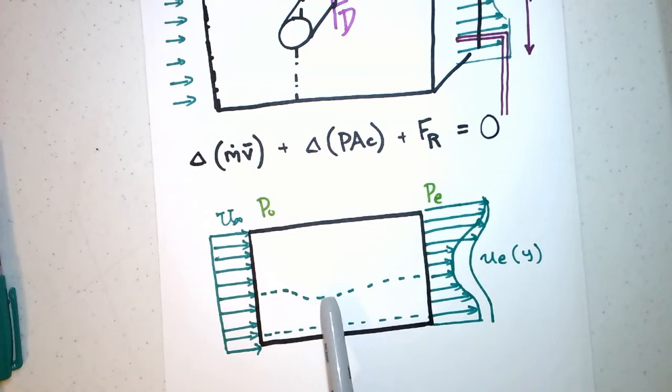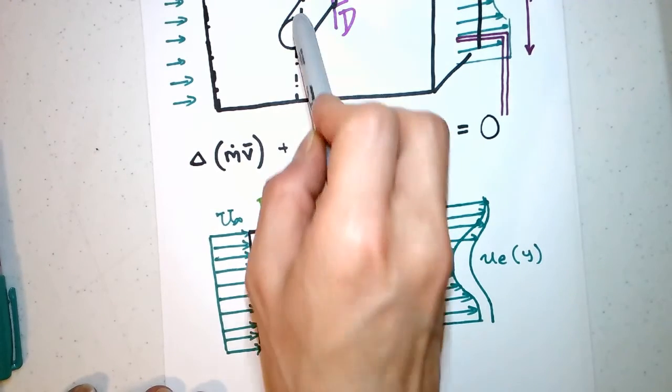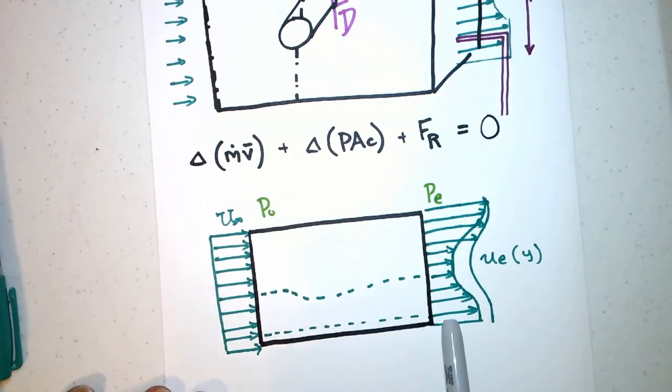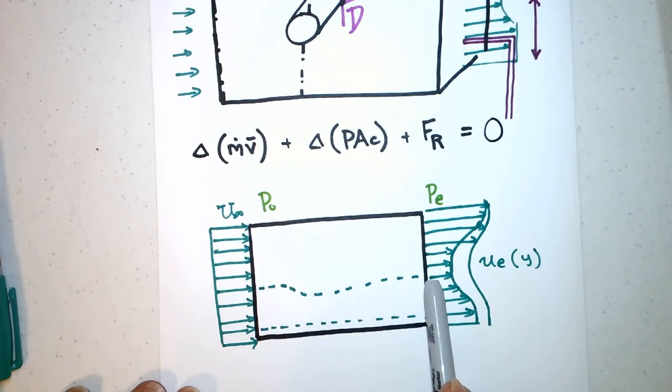And so here, if we have more flow because we have an obstruction, we're going to have a higher exit velocity. Here we'll have a lesser exit velocity.